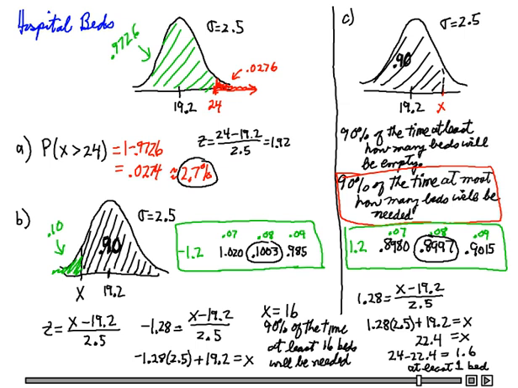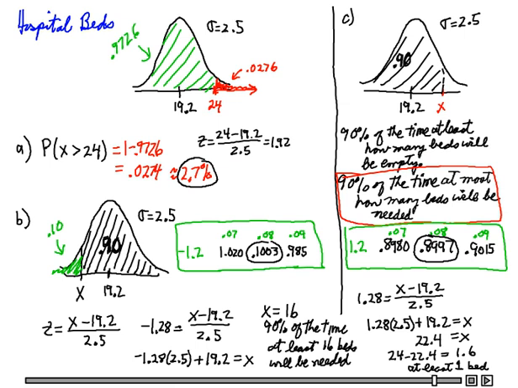And because the random variable is the number of beds needed, I had to try to translate that into the context of the problem by solving first 90% of the time at most how many beds will be needed. Well, 90% of the time at most 22.4 beds will be needed. So 90% of the time, since we only have 24 beds, at least 1.6 beds will be empty, or practically one bed.